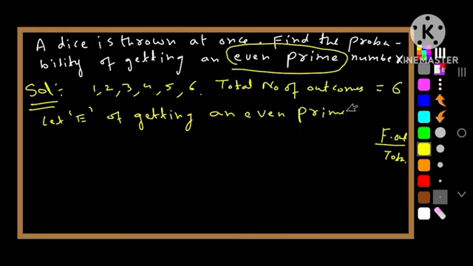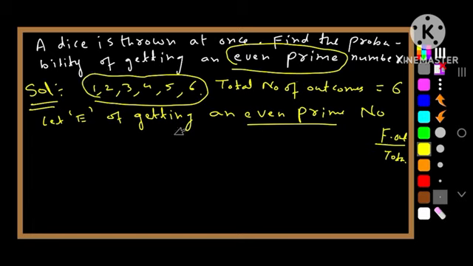In the question, you have an even prime number. Out of these 6 numbers, how many are even primes? A prime number, as we discussed before, is any number which has 2 factors: 1 and the number itself.